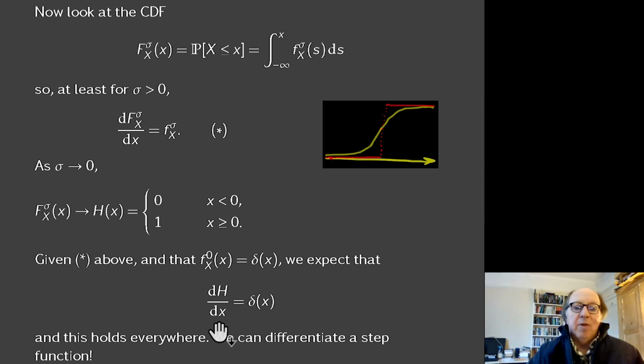Maybe we have that the derivative of this step function h, which goes from 0 up to 1 with a jump at the origin, a jump of 1, is equal to this thing we've called delta. And if we can make proper mathematical sense of that, then what we've done is we've worked out how to differentiate properly a function with a jump in it, a step function, not just away from the step, but including the step as well.